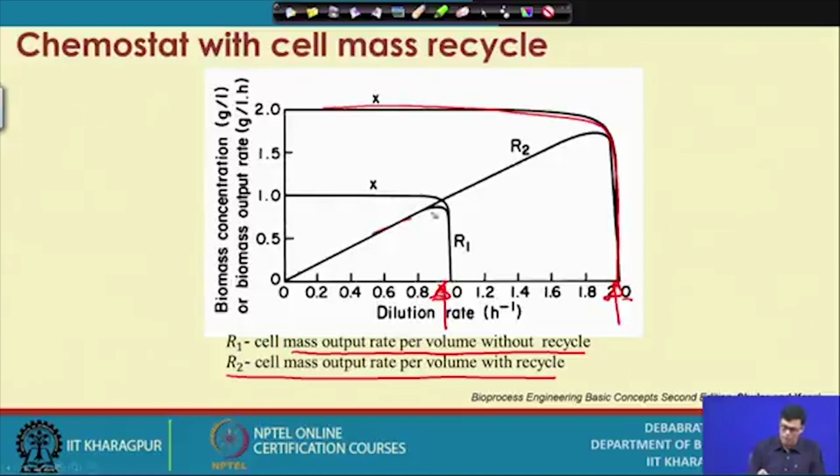R1 is the cell mass output without recycling, as given here. These are the two situations: rate of cell mass formation without recycling, and rate of cell mass formation with recycling. With recycling, our cell mass growth is increased to a great extent.